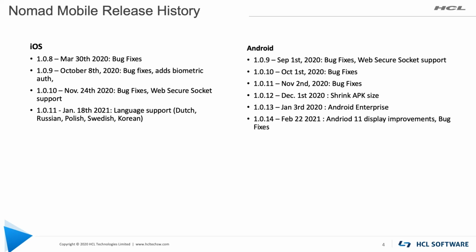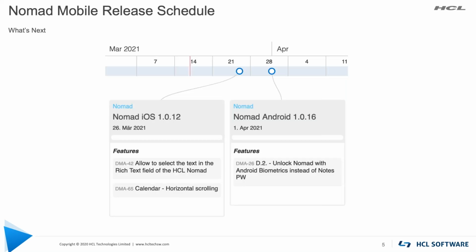What are we going to do in the near-term future? Like in this month, you are going to see another release of Nomad iOS, which is going to provide enhanced support for selecting rich text in a rich text field, and also provides a new capability to support horizontal scrolling within the calendar.